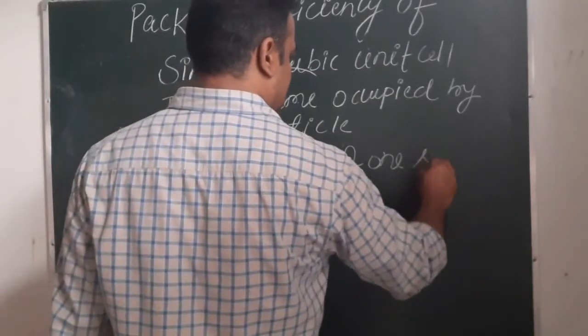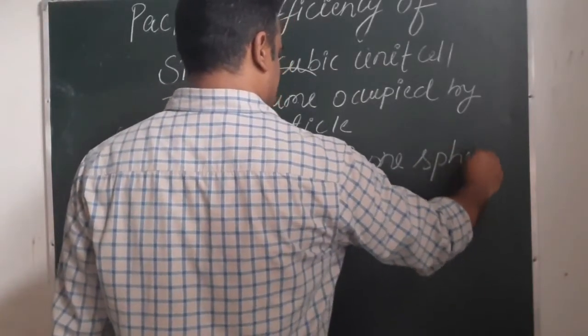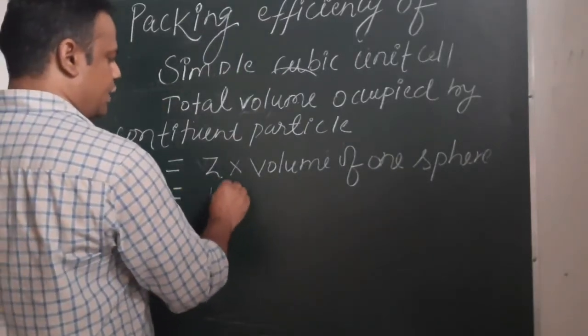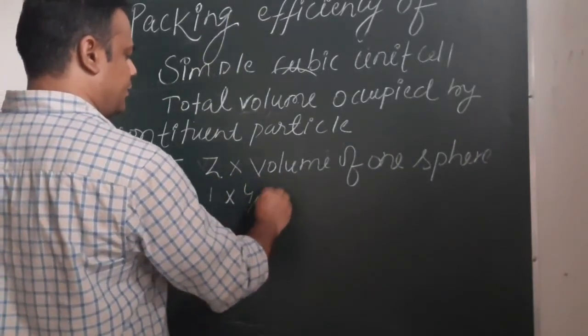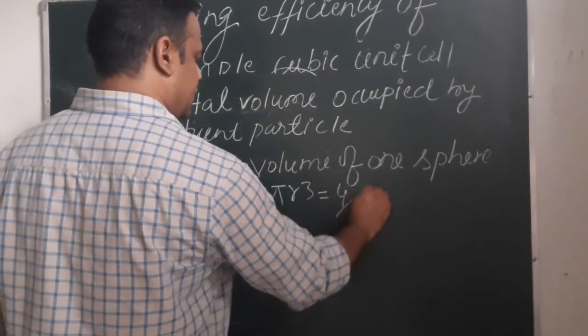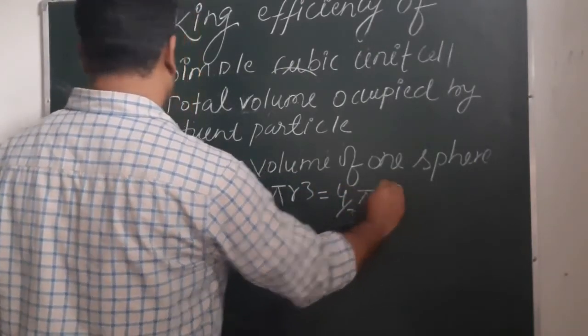So this will be equal to, in this case, 1 into 4 by 3 pi r cube, and this will be equal to 4 by 3 pi r cube.